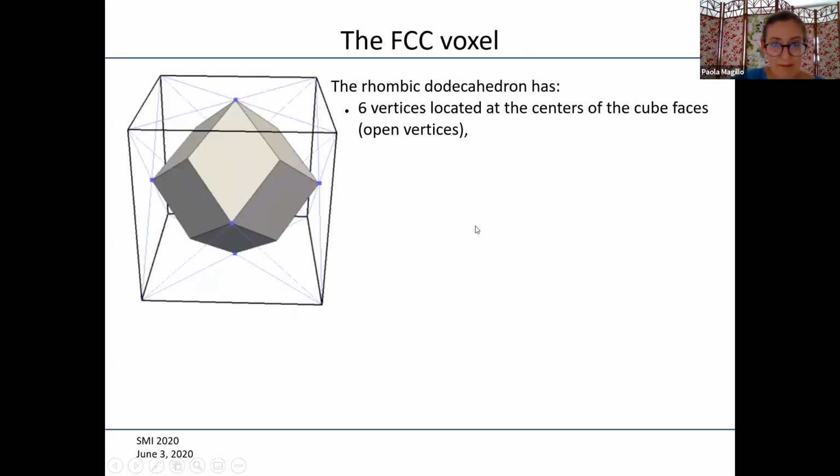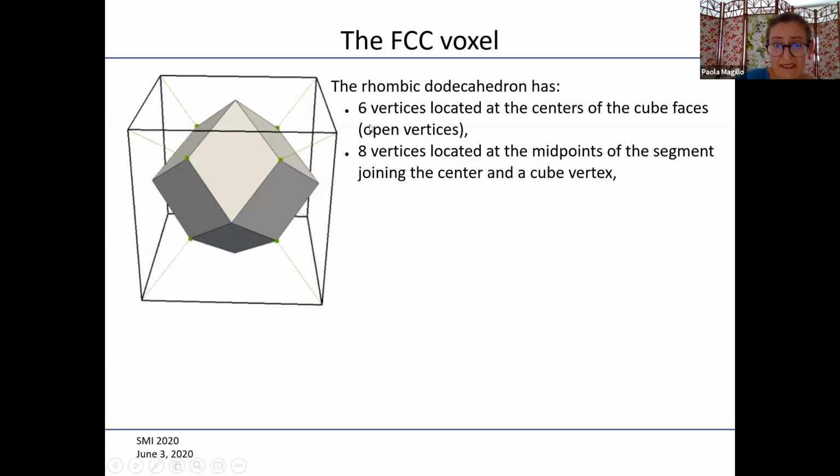Now, I present the FCC voxels, some properties. The rhombic dodecahedron has 6 vertices that are located in the centers of the faces of the cube inscribing the voxel. These six are called open vertices. Then there are another 8 vertices called closed vertices, which are located on the midpoint of the segment connecting the center and one vertex of the cube.